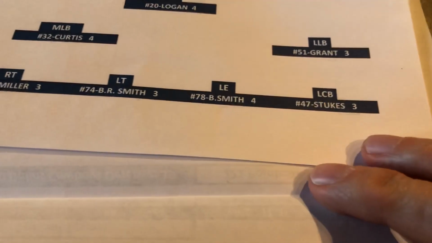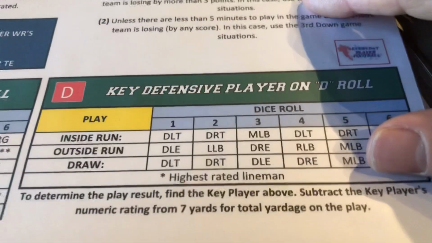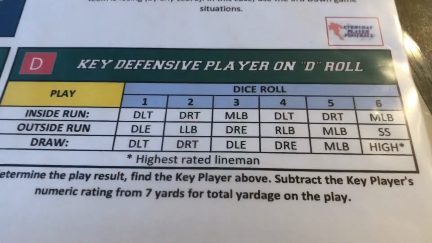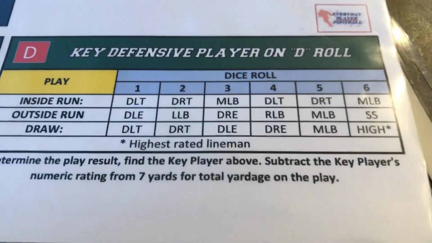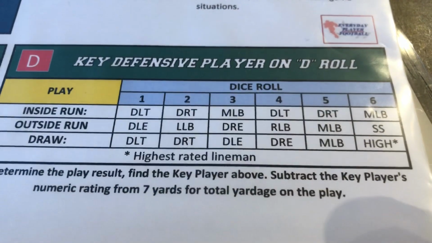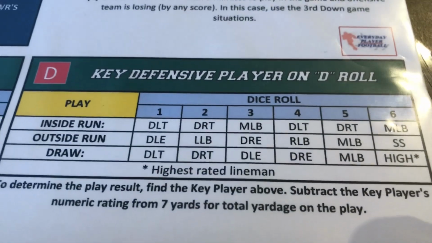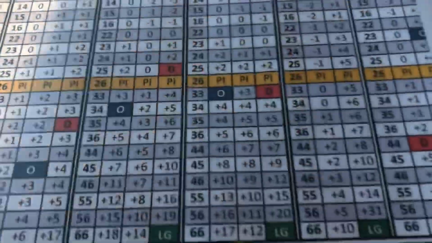And the defensive left end for the Colts is Bubba Smith. He's rated a 4. And the way that works, subtract the key player's numeric rating from 7 yards. So 7 minus Bubba Smith's 4 is a 3-yard gain on the play. So that's a little bit how the individual players can factor in.